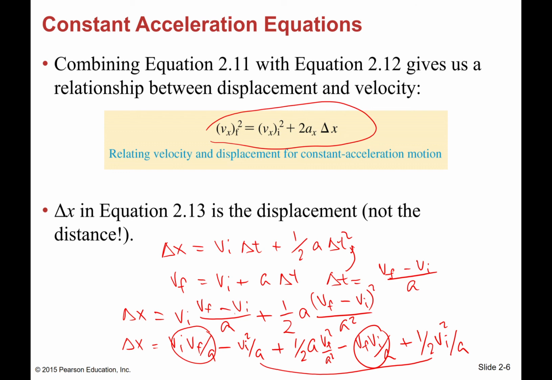What I'm left with is this equation, which reads that Vf squared is equal to Vi squared plus 2 times a delta x.